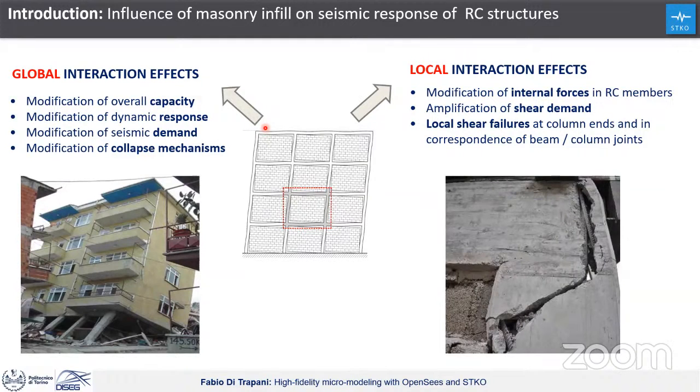With masonry infills, we have a lot of controversial aspects to consider. We have global interaction effects. Global interaction effects are related to the modification of the overall capacity and the dynamic response. The resistance will increase by the presence of masonry infills, and the vibration period will reduce.